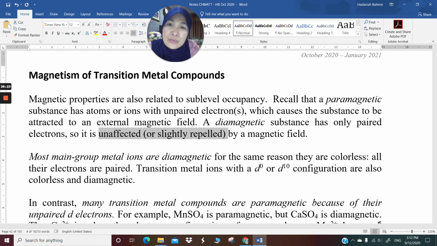These are the two opposite properties of paramagnetic and diamagnetic compounds. And this paramagnetism is shown by transition metal compounds. You do not see much of other metals, non-transition metals, displaying paramagnetism, only transition metals.